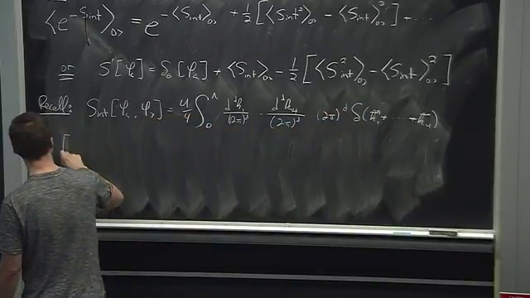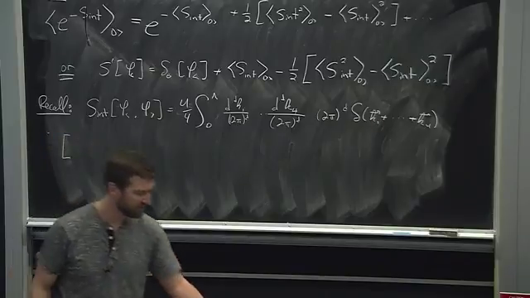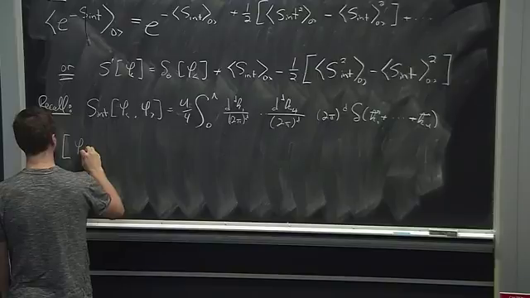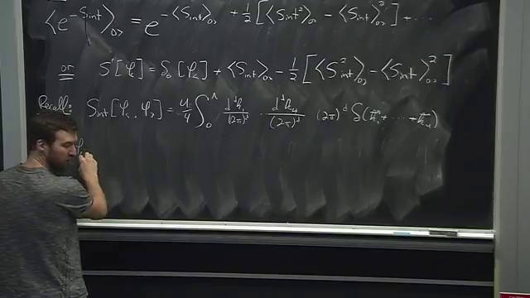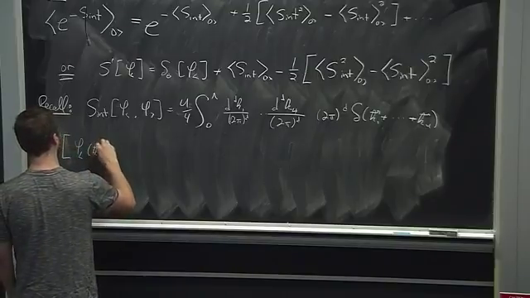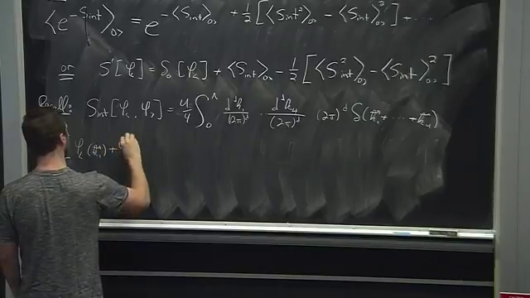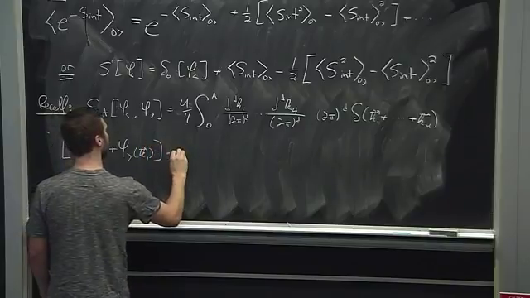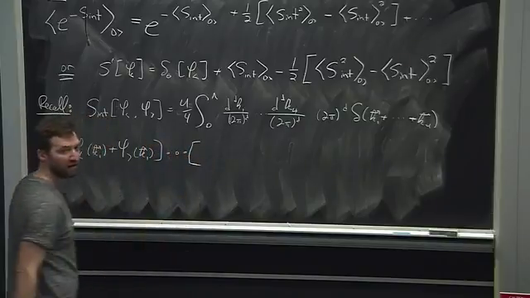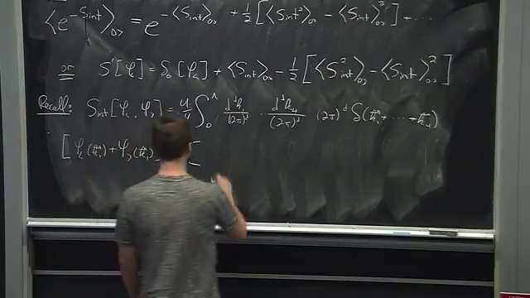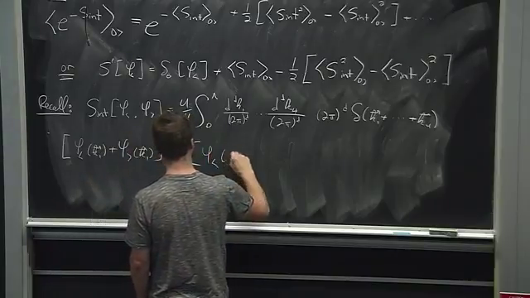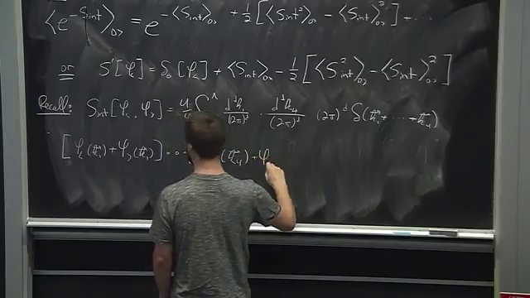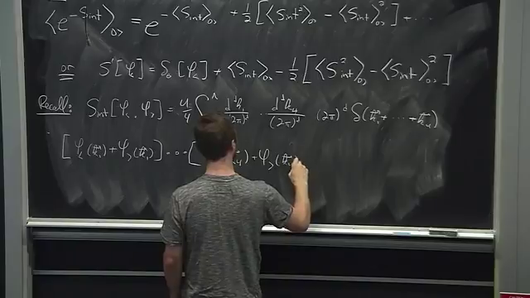But remember, I split the field up into fast and slow modes. I did this right at the end of the class last time. So I have slow for 1 plus fast for 1. Multiplied, and there's 4 of them, remember? So then it's slow for 4 plus fast for 4.